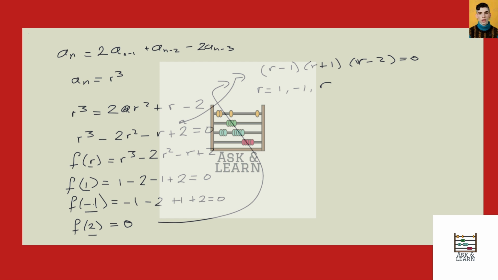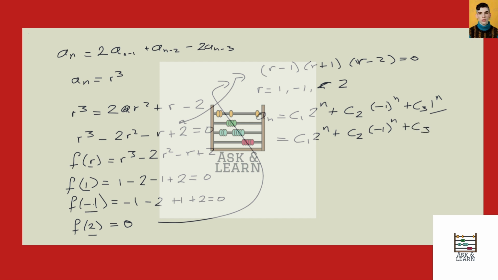So your general solution is a sub n is equal to c sub 1 times 2 to the n plus c sub 2 times minus 1 to the n plus c sub 3 times 1 to the n. Now 1 to the n is just 1, so this is c sub 1 times 2 to the n plus c sub 2 times minus 1 to the n plus c sub 3.